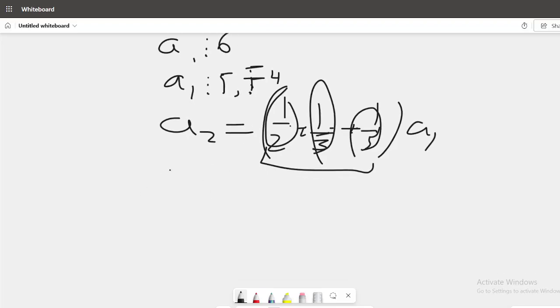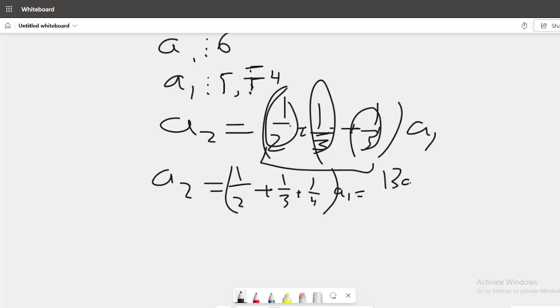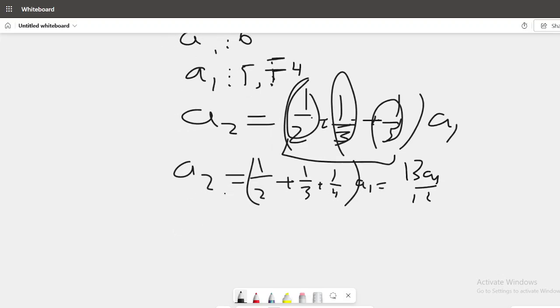So a2 then will be, if it's divisible by 4, this times a1. And this thing is 13a1 divided by 12. It kills 1 power of 3 and 2 powers of 2. Well, if it's still divisible by 12, it will still kill 1 power of 3 and 2 powers of 2.